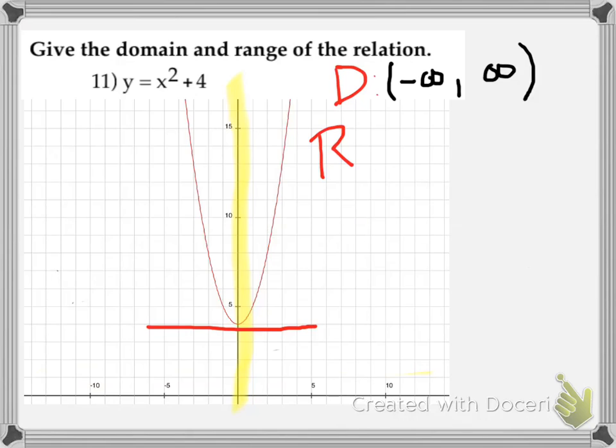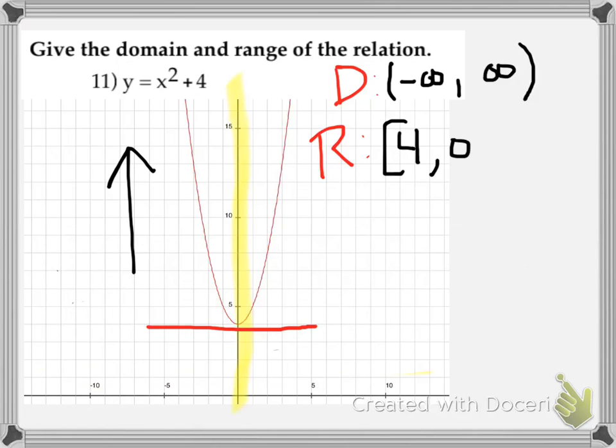So my range, okay, it starts at 4. So I'm going to use a square bracket, okay, to say that I'm including the 4. And from 4 it goes where? Well, it goes all the way to the top. And what's at the top? Well, positive infinity in this case.